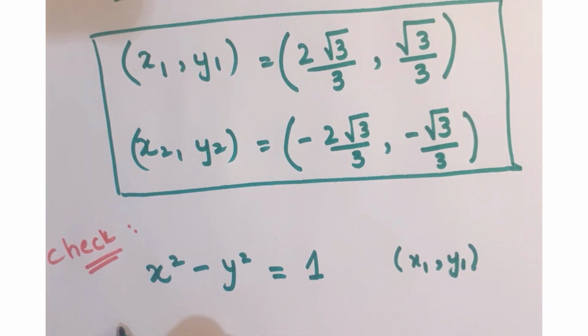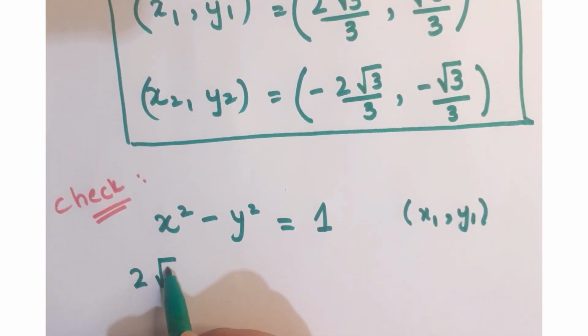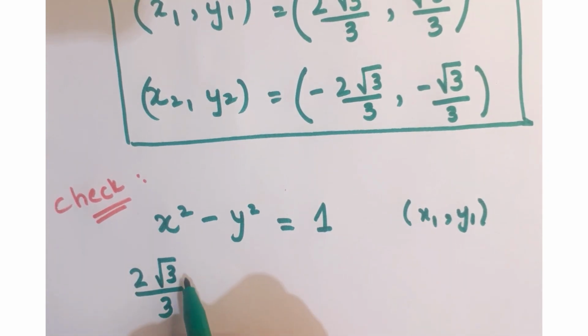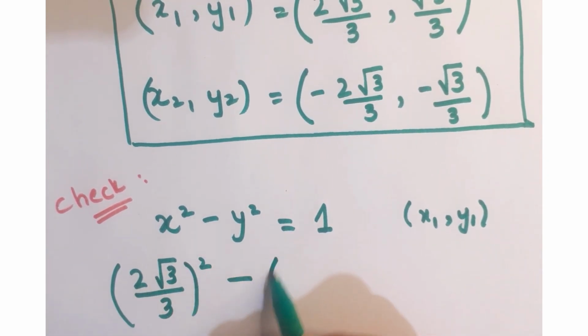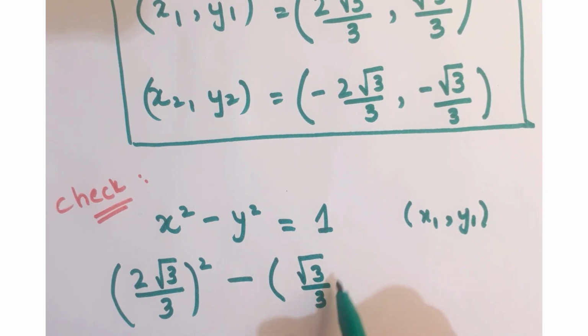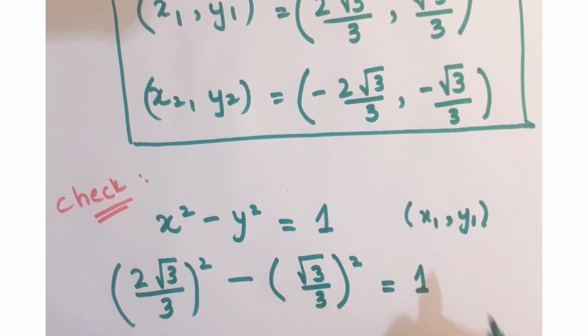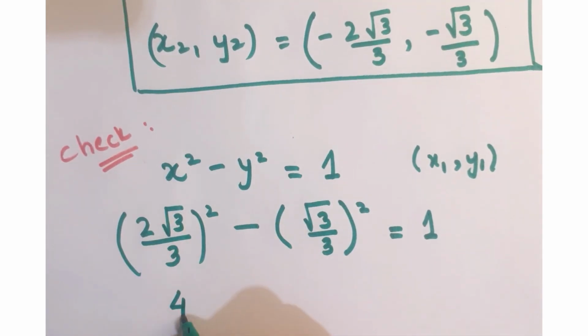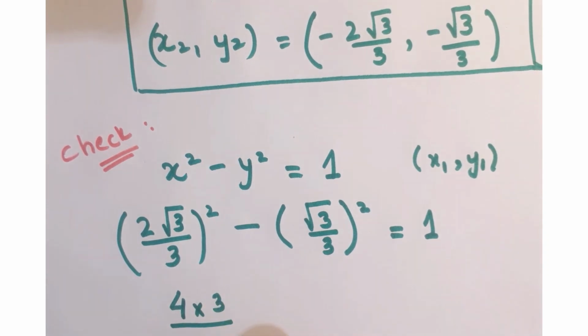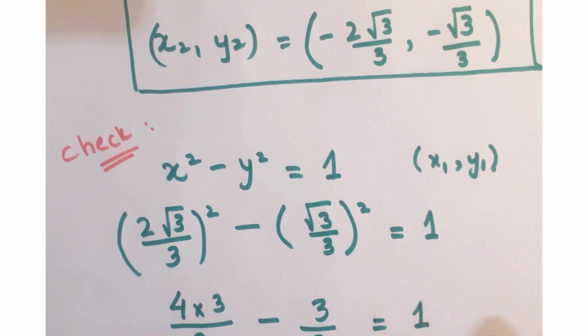So we have x1 comma y1 as 2 under root 3 upon 3 whole square minus under root 3 upon 3 whole square is equal to 1. So this makes 4 times 3 upon 9 minus 3 upon 9 is equal to 1.